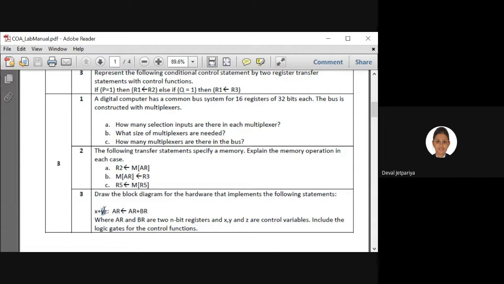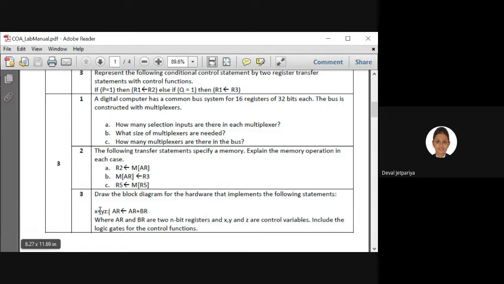After that, whatever answer you are getting from y and z, you need to connect with the x. And again, this x and the answer of yz have an addition nature. That means you can provide an OR gate between them.